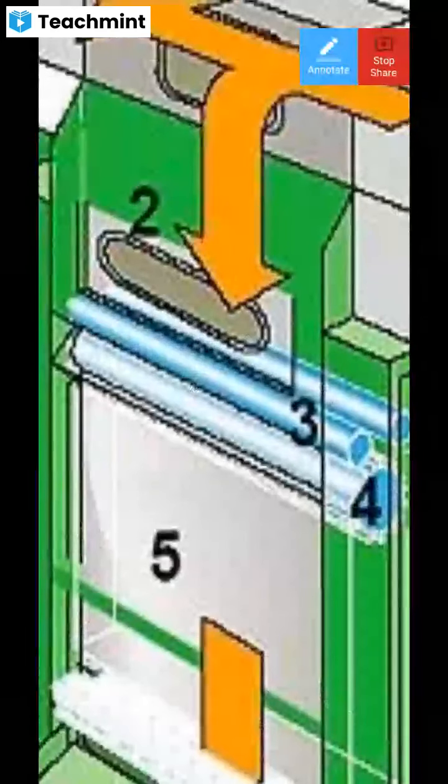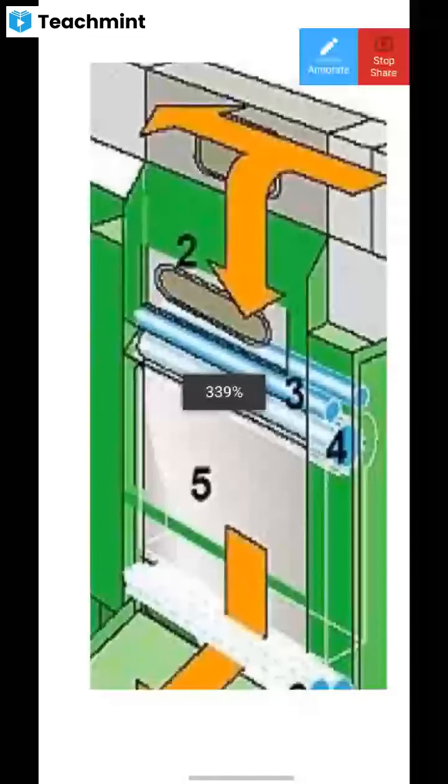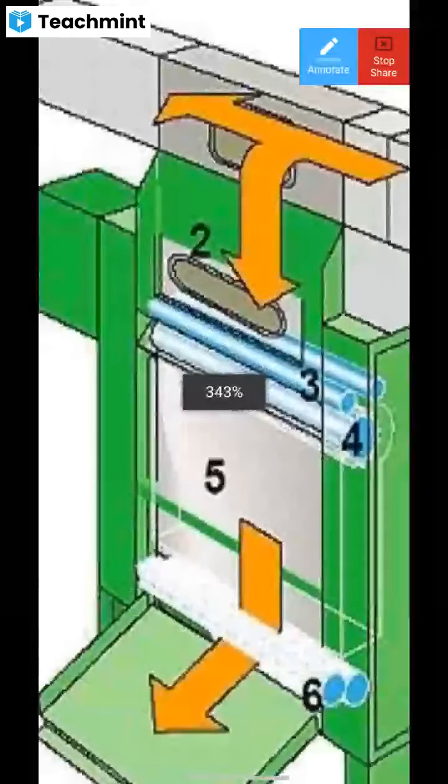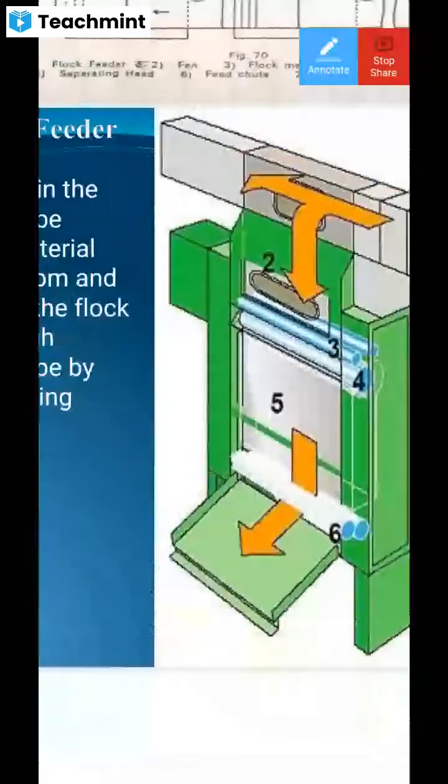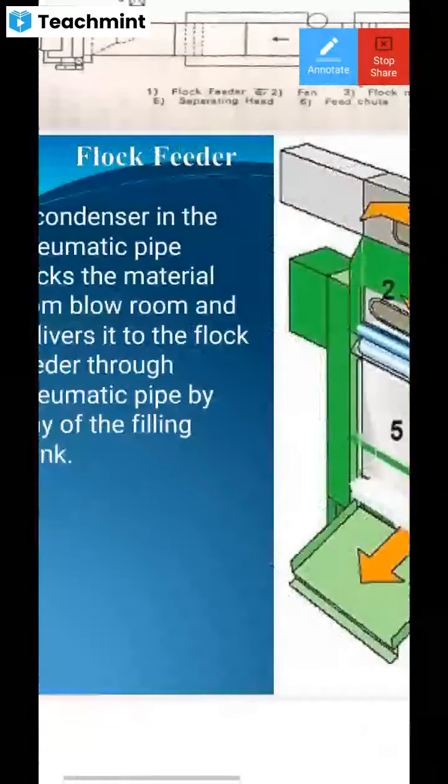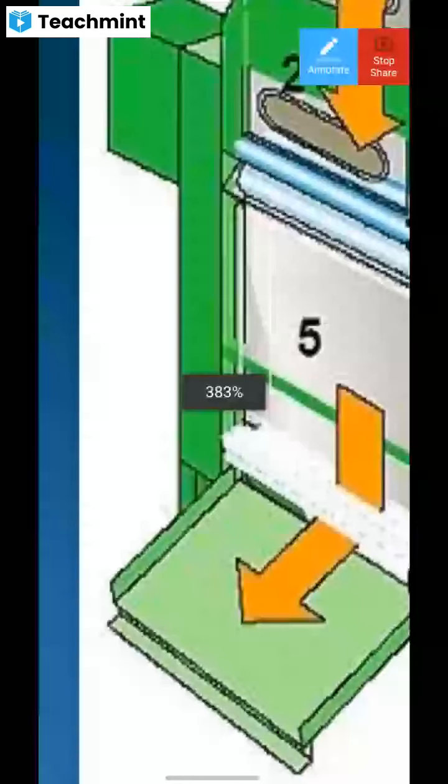According to the material requirement, the sensor controls the swing door opening and closing. In this way the material fills the flock feeder, and in this direction the material goes and enters the carding feeding zone, the feed roller, and then the licker-in zone one by one.